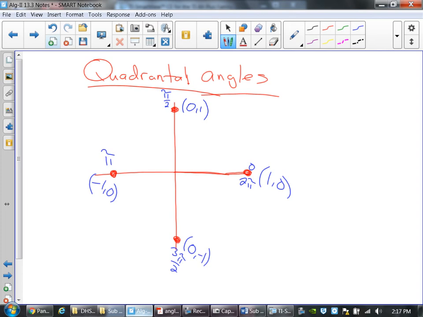This allows you to take graphs. Where did sine start again? 0. The next time we saw it, it was at pi over 2.